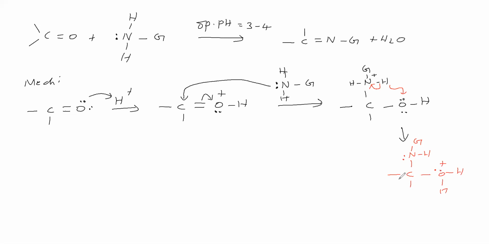Next step: this bond pair becomes a pi bond and water leaves, with H plus leaving. Therefore we get C double bond NG.